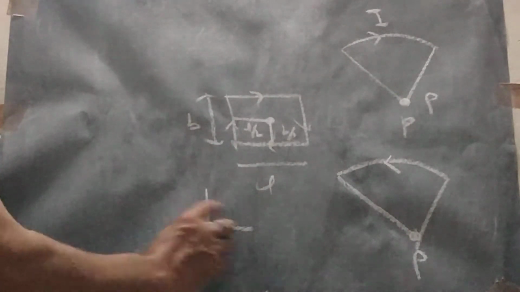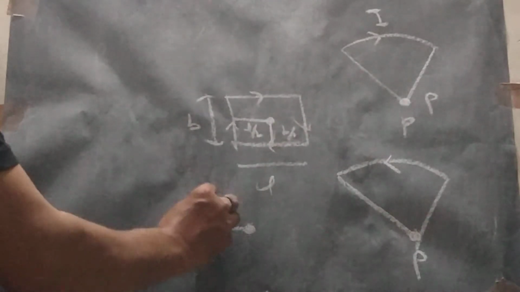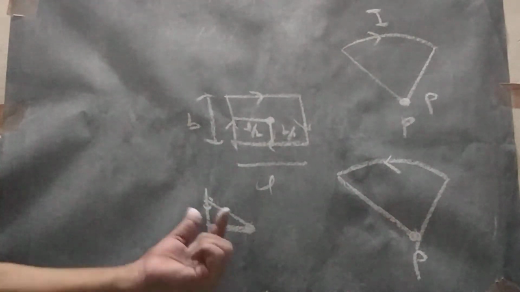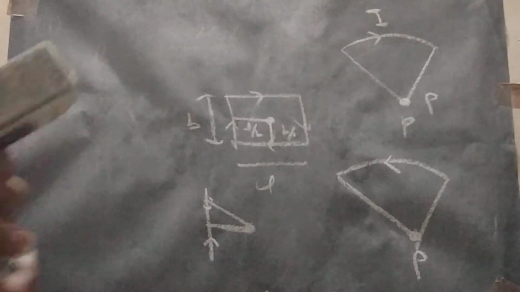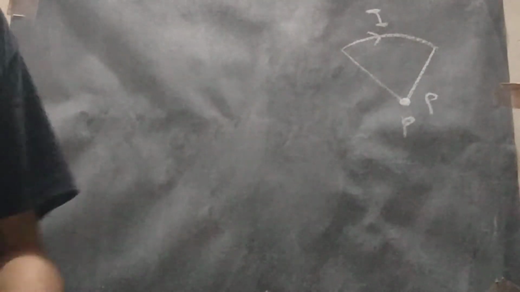For calculation, we'll make use of these two, because from the point we need the perpendicular distance. If we have to find the magnetic field from this current, and the current element is here, then we have to consider this distance, which is the perpendicular distance from the current carrying conductor. So in order to find the direction of the magnetic field at any point, we will make use of the right hand rule.